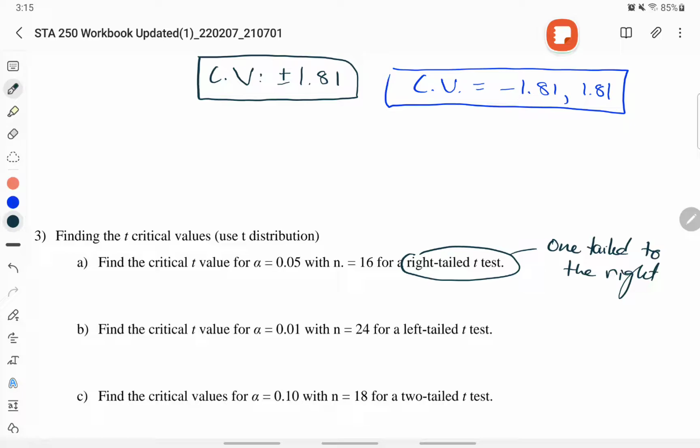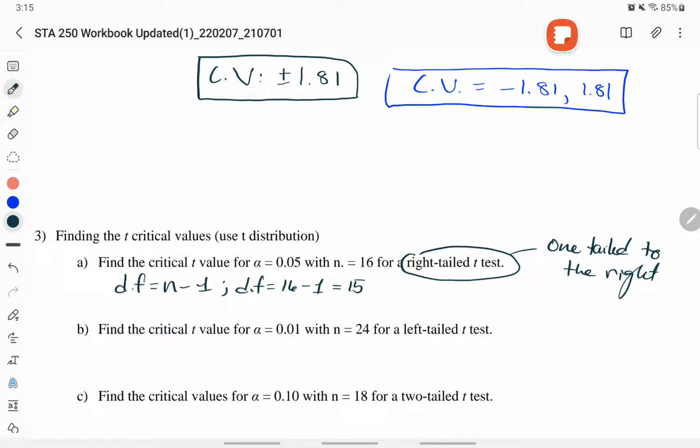And when it comes to a t-test or a t-interval, you must find your degrees of freedom. And remember, the degrees of freedom is the sample size minus 1. I have 16 for my sample size. So my degrees of freedom is 16 minus 1, and that equals 15.